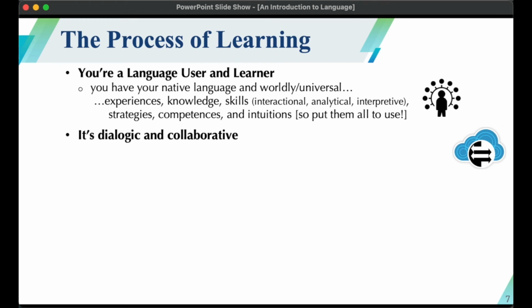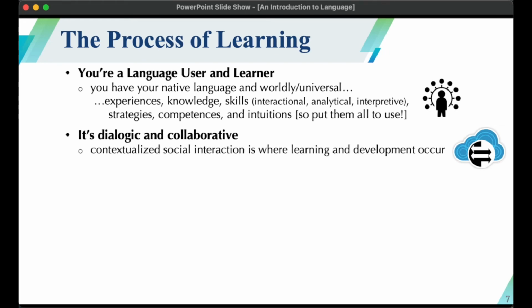The process of learning is dialogic and collaborative. Contextualized social interaction is where learning and development primarily occur. That is, we learn and develop most when in concrete contexts and when interacting with others, whether through their written words or spoken words.